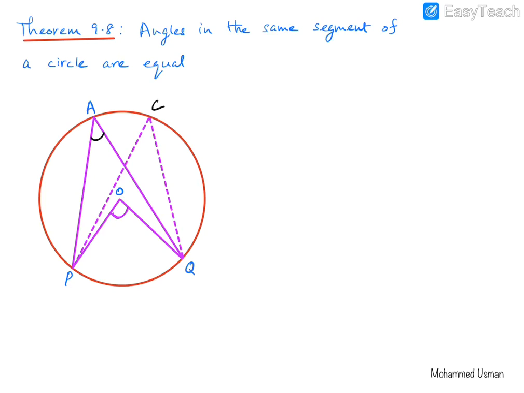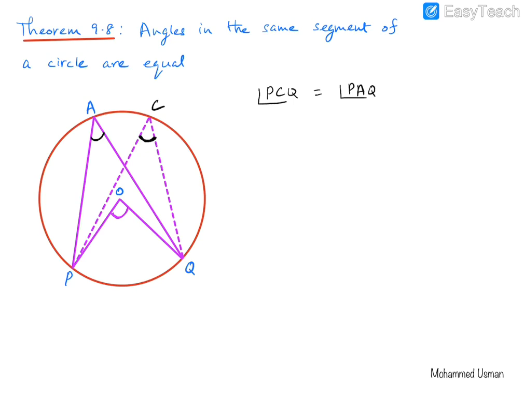But if you notice here, the angle PCQ, which is this angle over here, is also the angle subtended by the same segment of the circle PQ. So that's the angle subtended at some point C on the circle by the same segment or same minor arc PQ of the circle. So what this theorem states is that the angles in the same segment of the circle are equal. So that means angle PCQ is equal to angle PAQ.